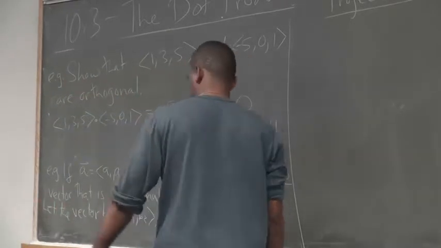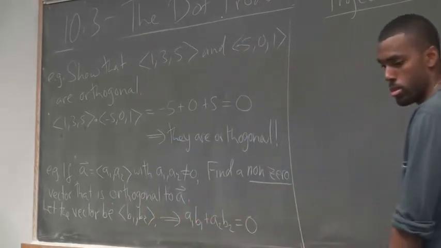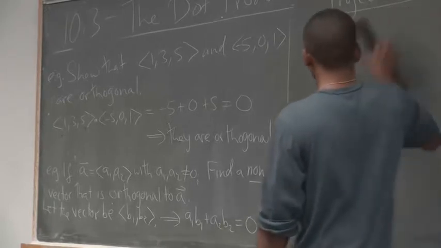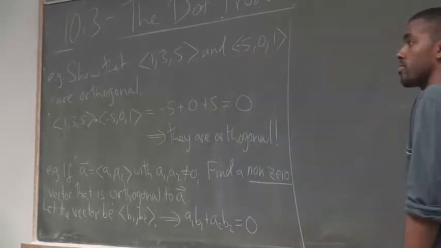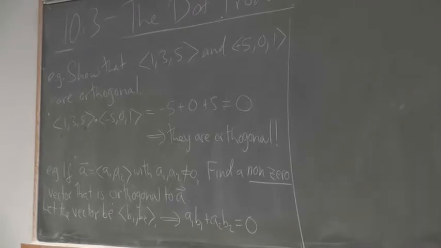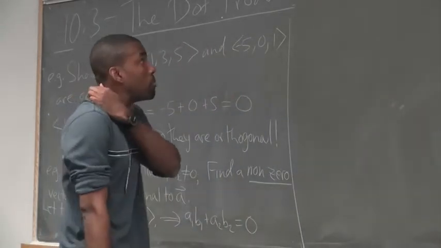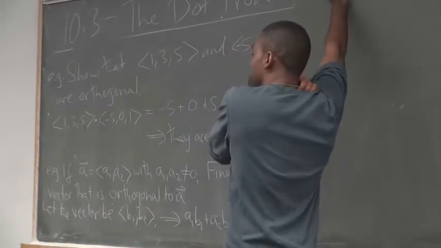Okay, so how do you figure out B1 and B2? As it turns out, there are tons of ways you can actually write the answer. Can anyone give me one possible answer?